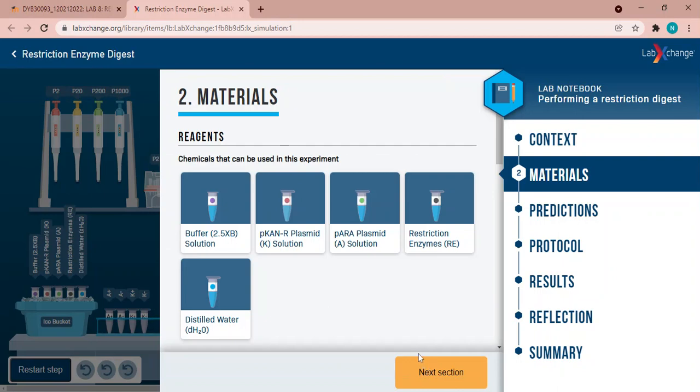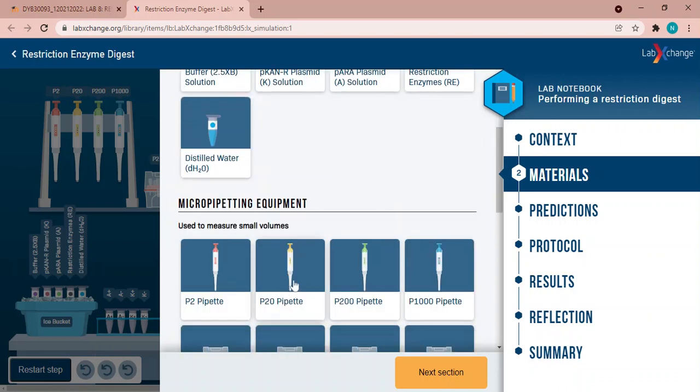So next, for materials, the reagents used in this lab simulation are buffer 2.5x B solution, pKAN-R plasmid, which is K solution, pARA plasmid, A solution, restriction enzyme, and distilled water.